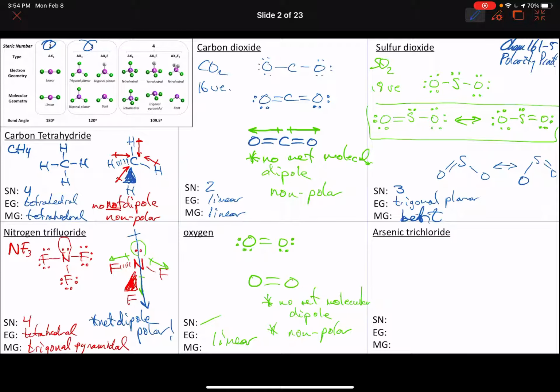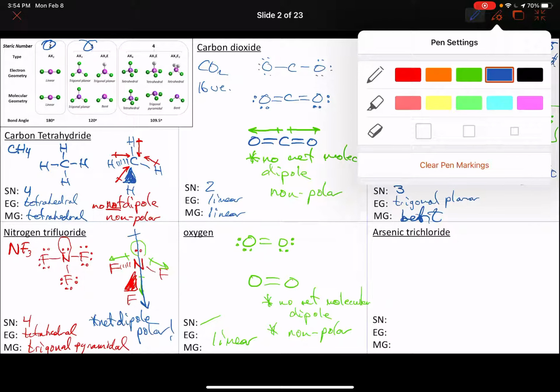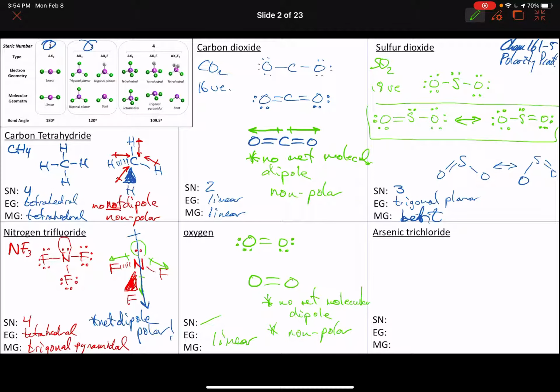And we can now consider bond dipoles. So oxygen is more electronegative than sulfur. It's higher in the periodic table. They're both in the same column, column 6. So we would expect to draw bond dipoles as such.